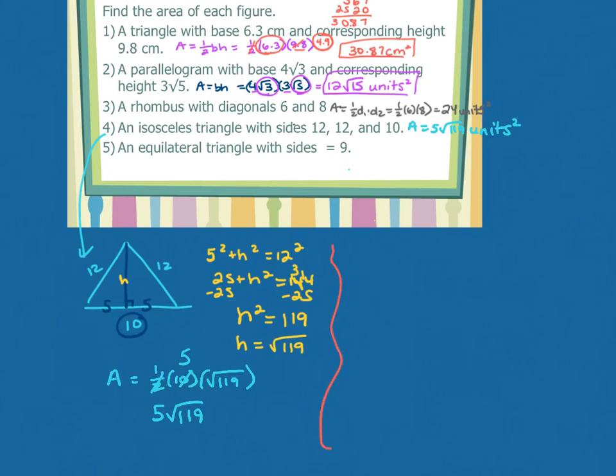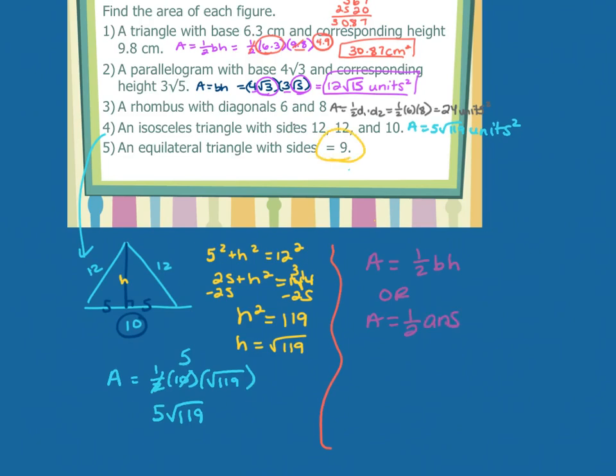And then number 5 says an equilateral triangle with sides equal to 9. So this time we want to look at equilateral. It's still 1/2 base times height, or it's 1/2 ab sin C. So you could use either one.